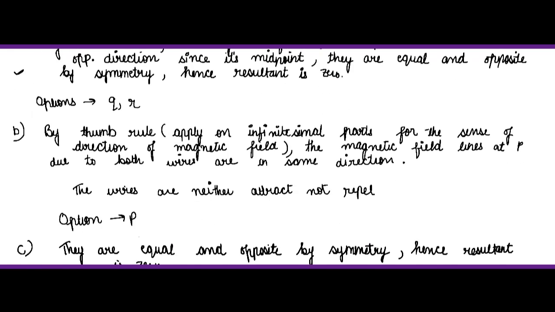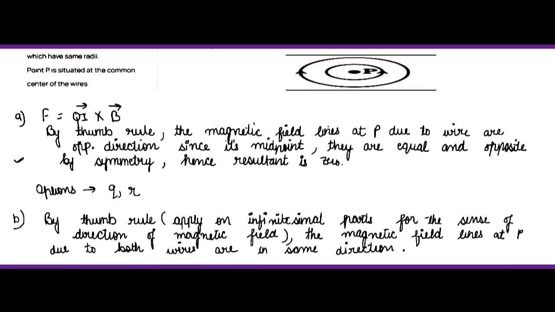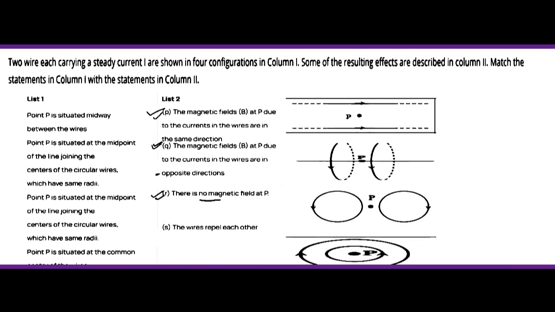As we can see from the answer, by the thumb rule the magnetic field lines at P due to both wires are in opposite direction, and since the radius is different, the resultant field is non-zero. So this is not true, this is not. As we can see, option P is true, so option P. I hope guys now you understand all these questions, so thank you guys.